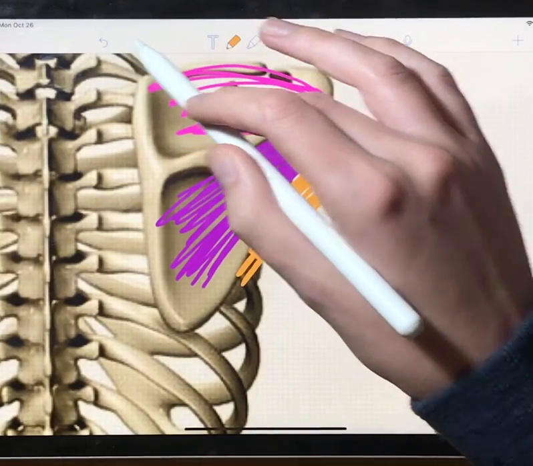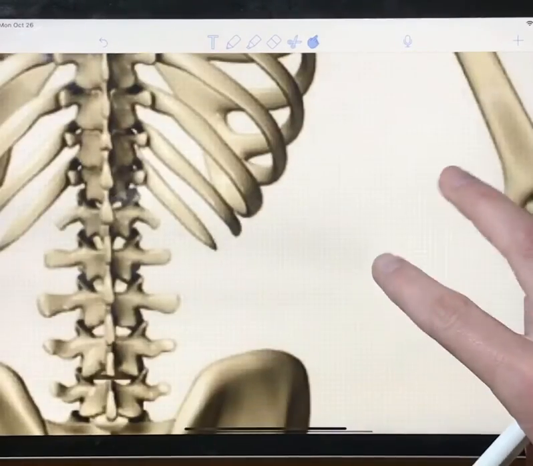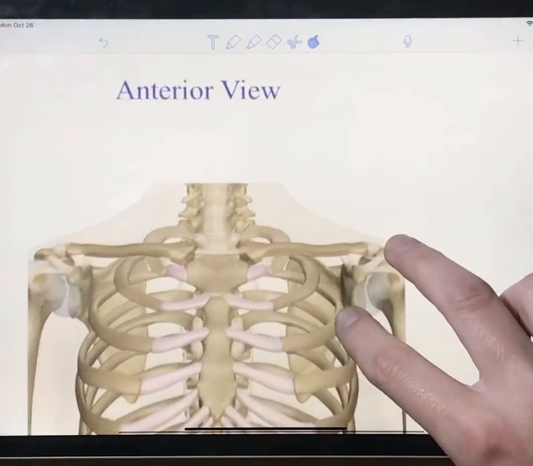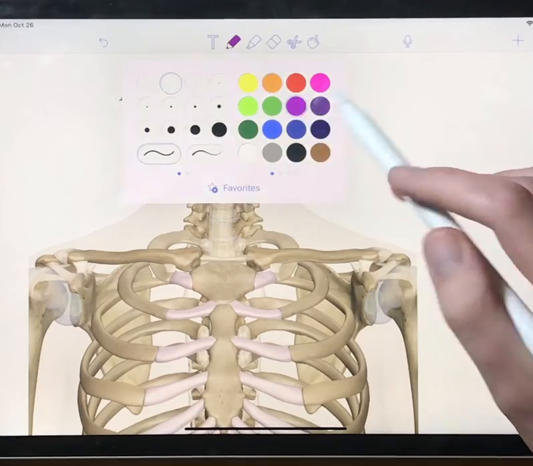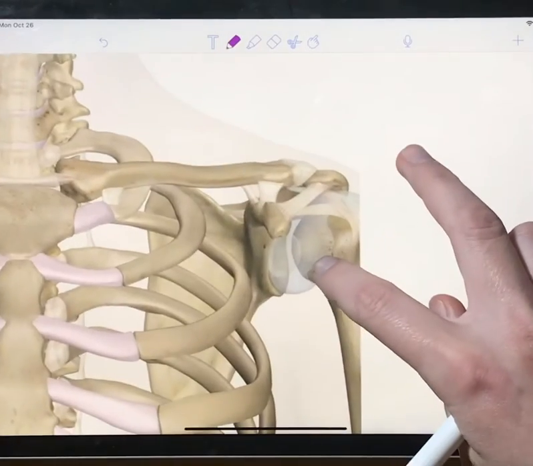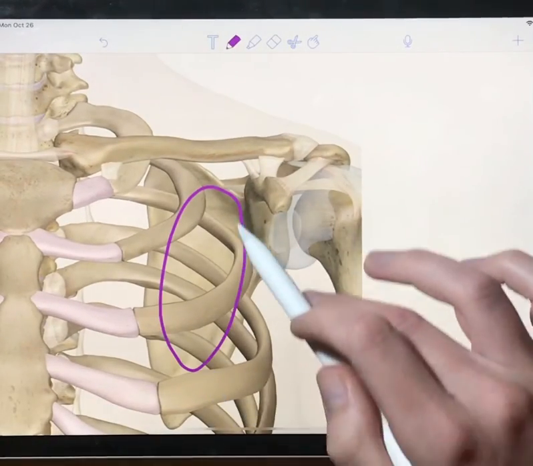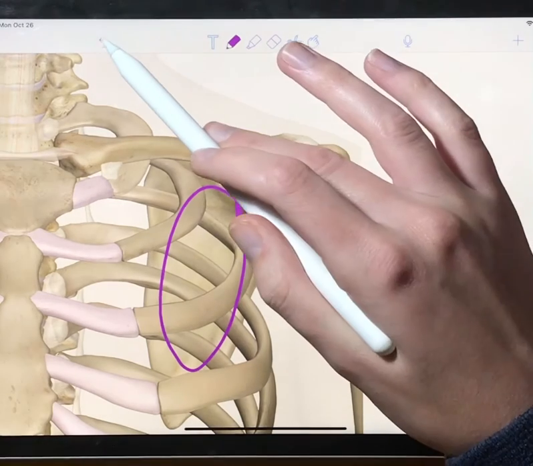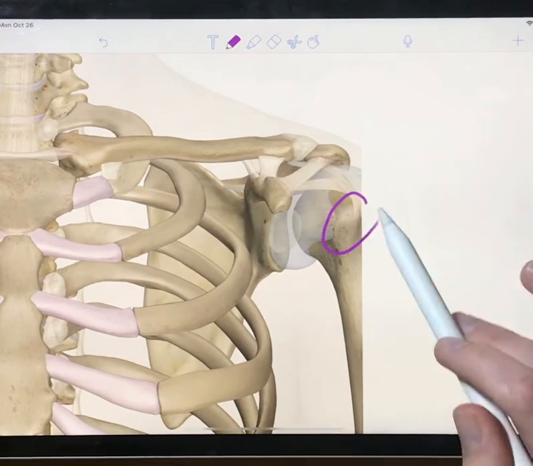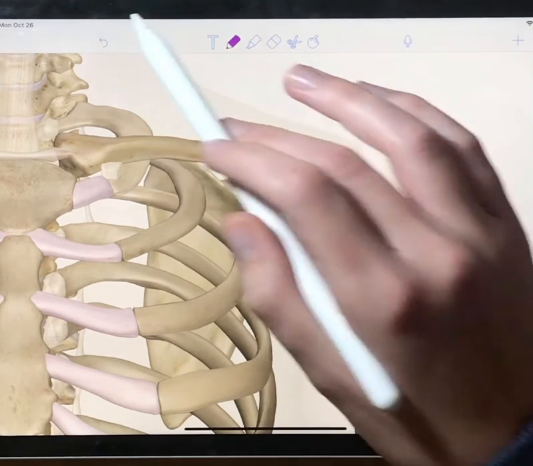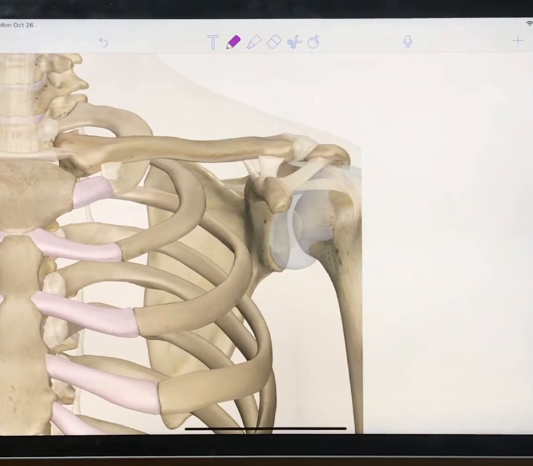The last of the 4 muscles is the subscapularis muscle. We will be viewing this one on an anterior view of the skeleton. Its medial attachment point is the subscapular fossa, which is on the anterior surface of the scapula. Its lateral attachment point is the lesser tubercle of the humerus, which is also seen from the anterior view.